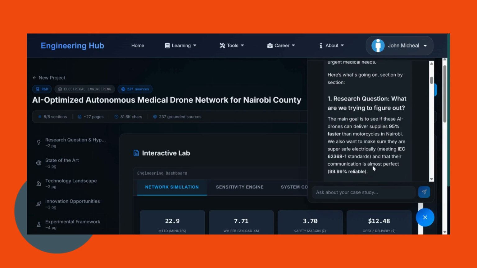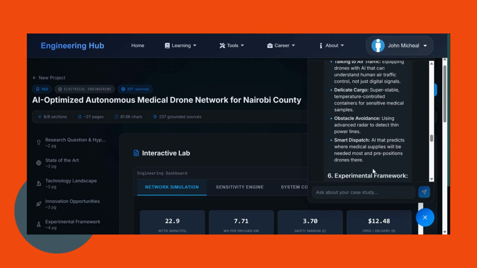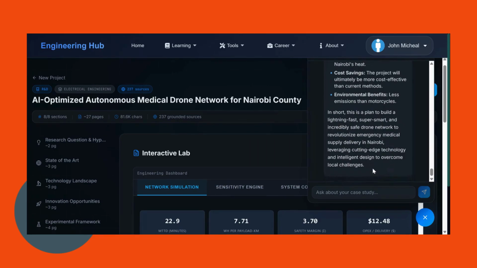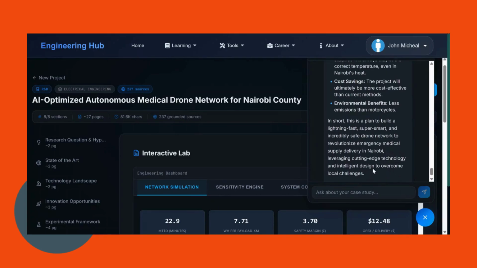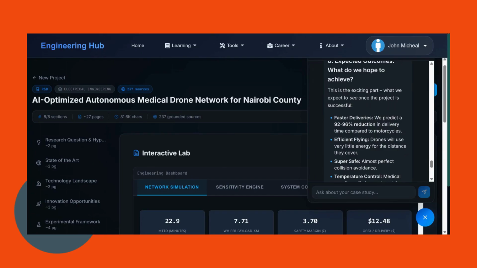The main goal is to see if these AI drones can deliver supplies 95% faster than motorcycles. Okay, so if that was the main goal, what is the conclusion? In short, this is a plan to build. Yeah, I think first we predict a 92 to 96% reduction in delivery. Okay, this is the expected outcome based on the study.